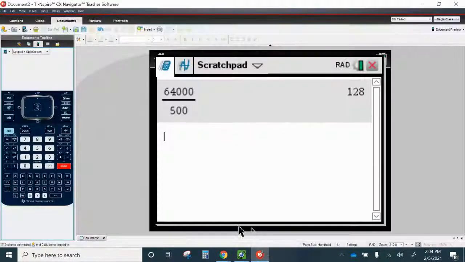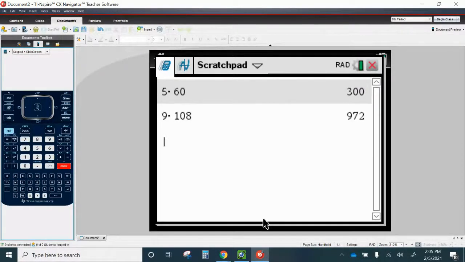And this would be a good time to use the Inspire. Pretty sure that's correct, but we'll just do it in the calculator again. So that's 300. 9 times 108 is 972. And then 16 times 192 is 3072.